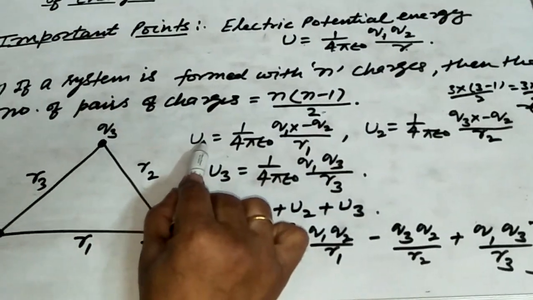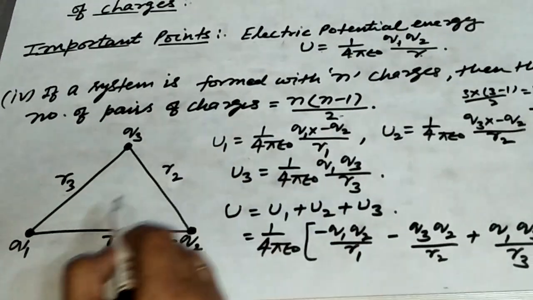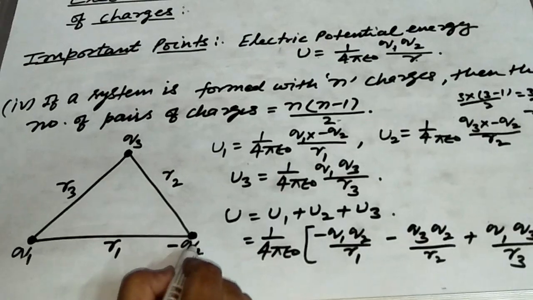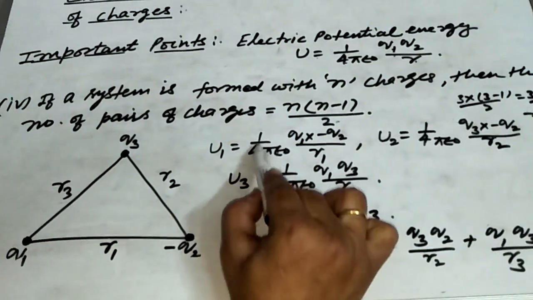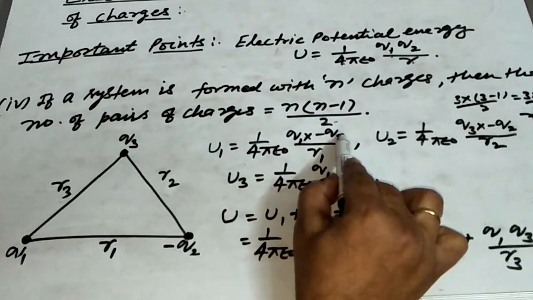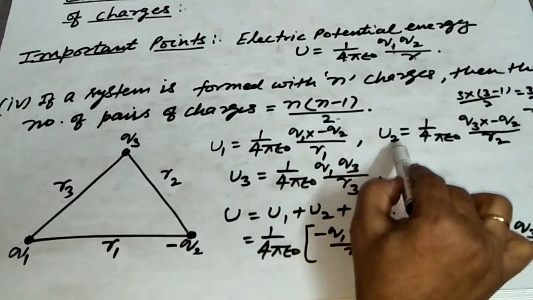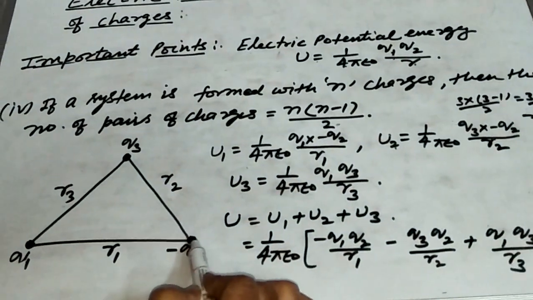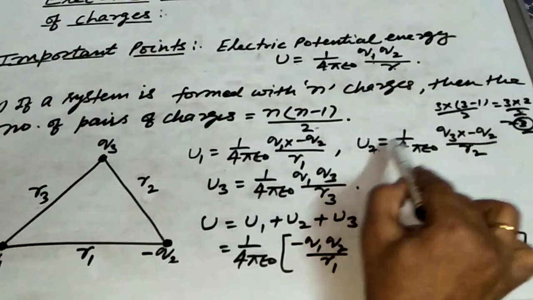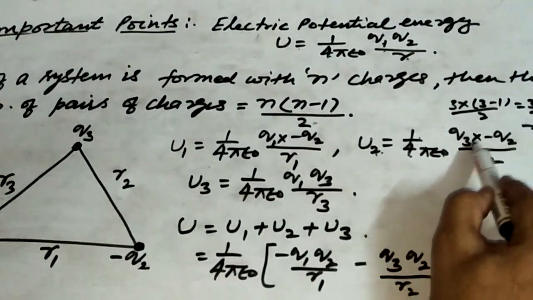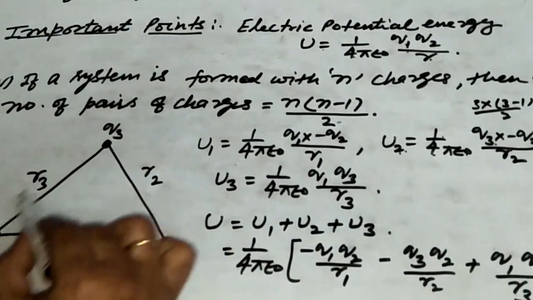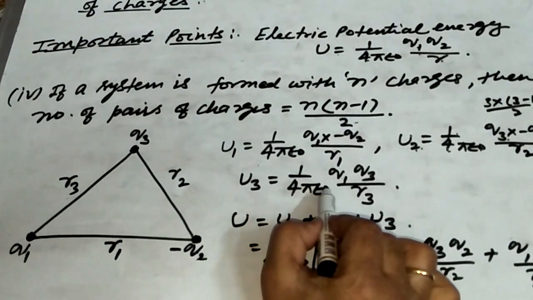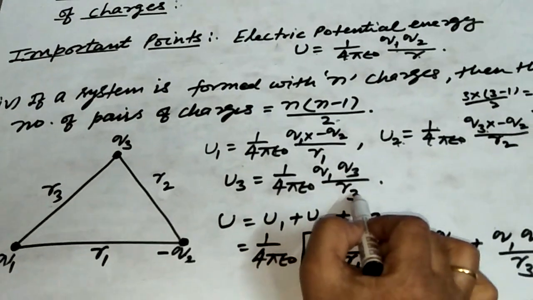First we calculate the potential energy U1 for the first pair, Q1 and minus Q2, using this formula. So U1 is equal to 1 upon 4 pi epsilon naught Q1 into minus Q2 upon R1. Similarly, for the two charges minus Q2 and Q3, U2 is equal to 1 upon 4 pi epsilon naught Q3 into minus Q2 upon R2. And for the third pair, Q1 and Q3, U3 is 1 upon 4 pi epsilon naught Q1 Q3 upon R3.